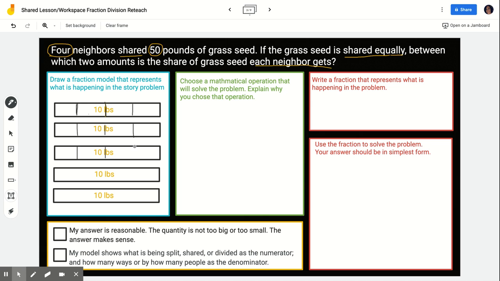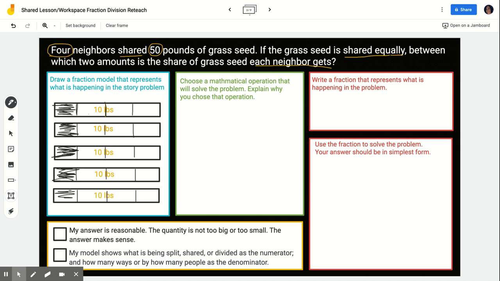Okay, so I'm going to split each one 4 ways. And last, each one 4 ways. So I know that my model should represent what one of the neighbors got, how much grass seed each one got. So I just have to look at one of those neighbors.